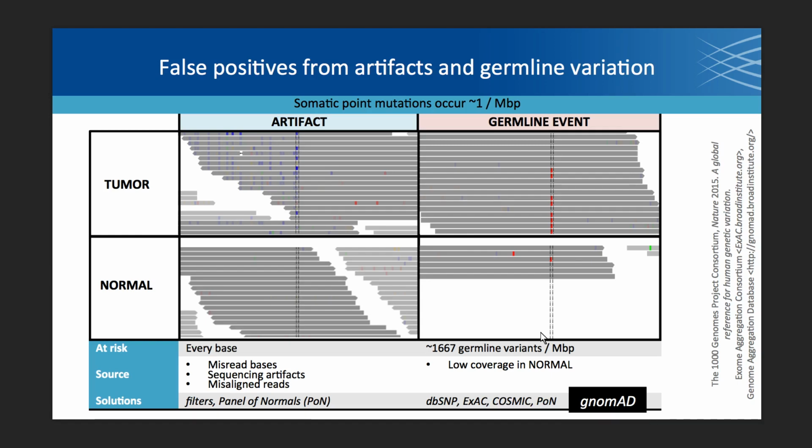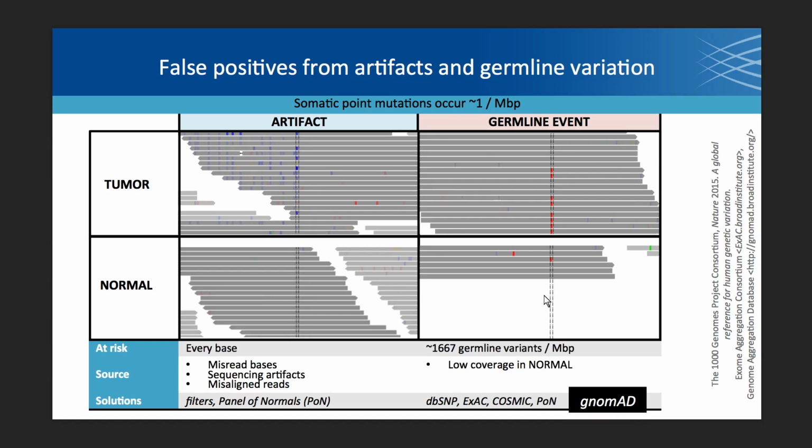So you sequence the normal at a lower depth. And so this kind of case occurs, and at risk are 1,667 germline variants per megabase pair. And if you compare that to the average SNP or point mutation we expect for the average cancer, 1 per megabase pair, there's a lot of signal that could be false positive.